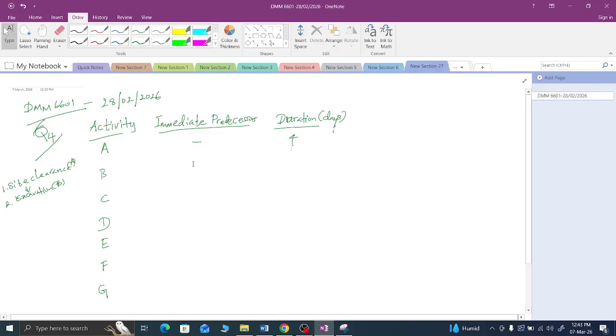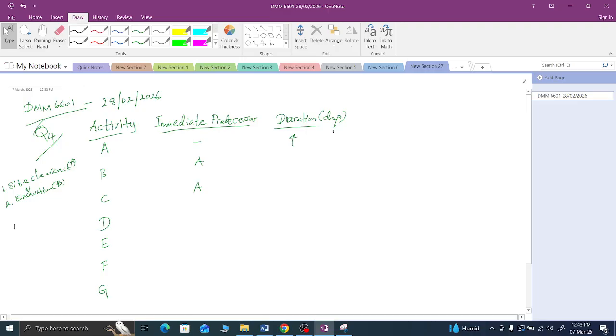So initially we put this. After A we carry out B, and likewise after A we carry out C. Two activities may start at a time.